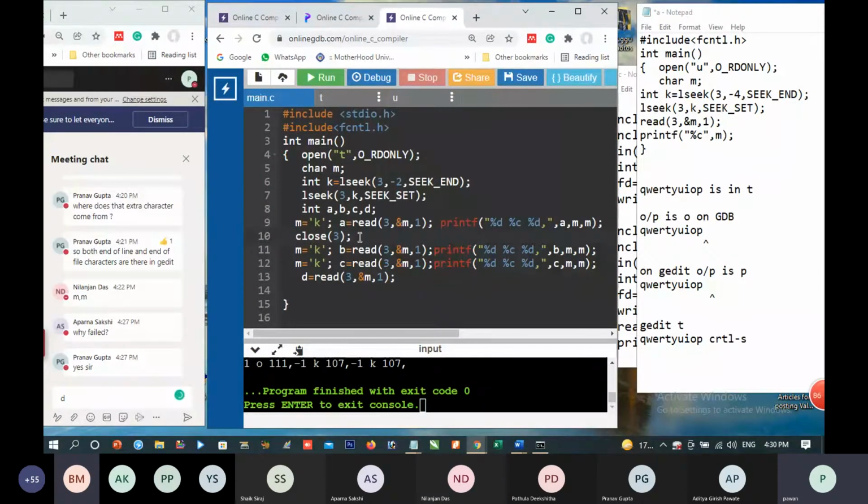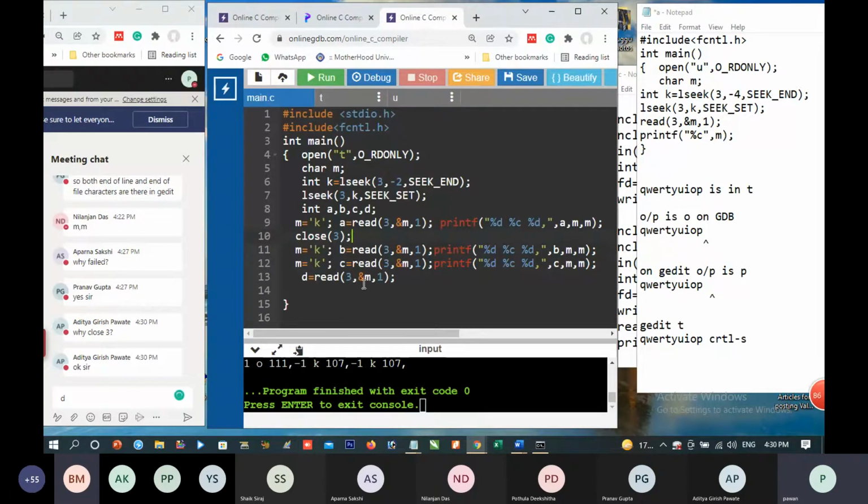At present there is only one file, so we are writing 3. Later on we shall be opening multiple files, so we shall be writing 3, 4, 5 like that. Why close 3? Just for the sake of learning. Close 3 means we have closed the file, so no more reading from it can be done. That is why -1 is coming as the output. -1 is the value returned for the read.